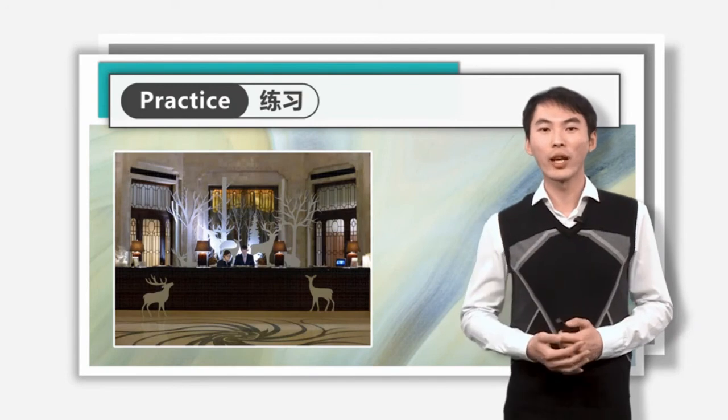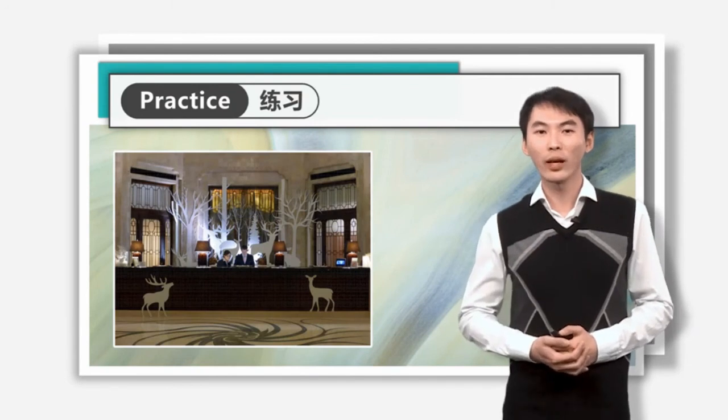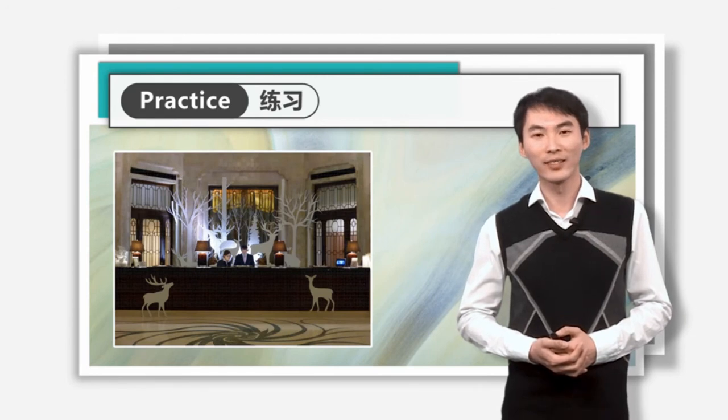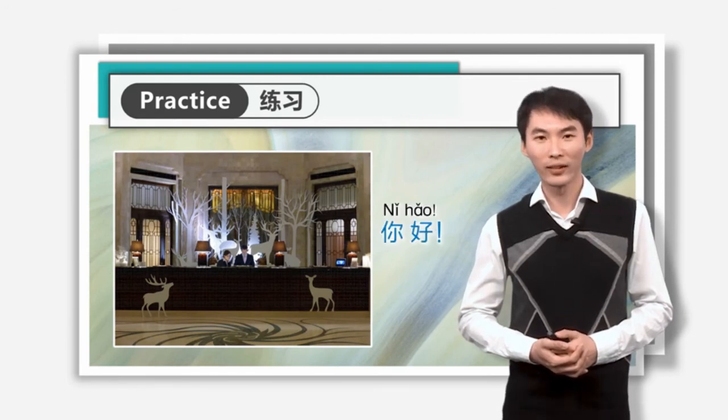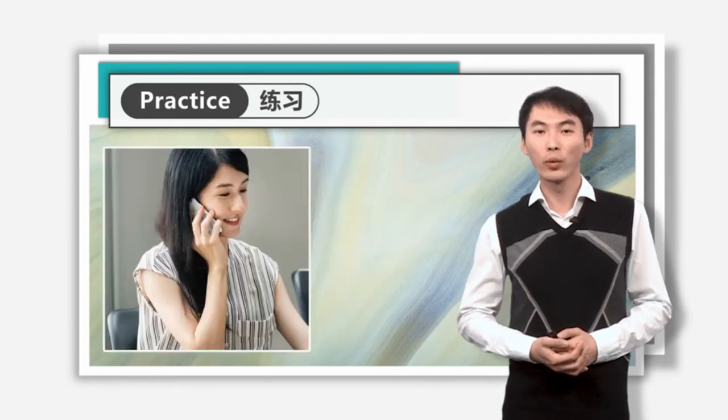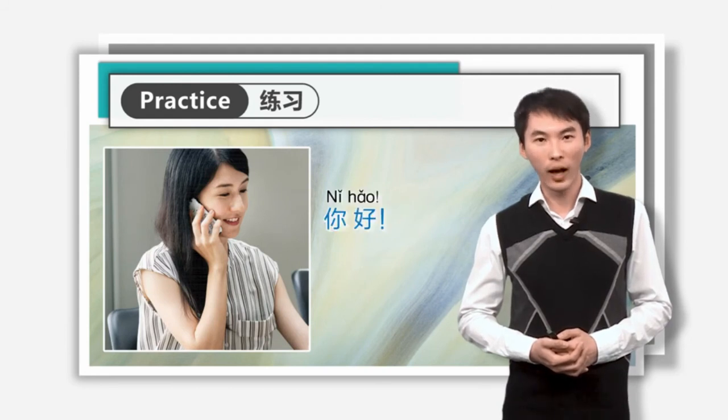So, when you check in the hotel, what can you say to the people at the reception? Yes, you can say 你好. And he or she will say 你好 back to you. And when you answer the phone, you can always say 你好 to start the conversation.